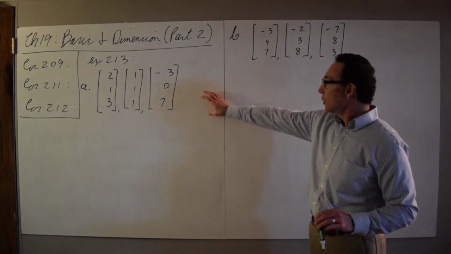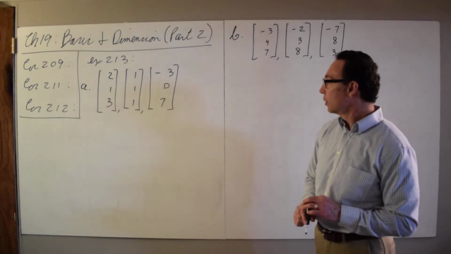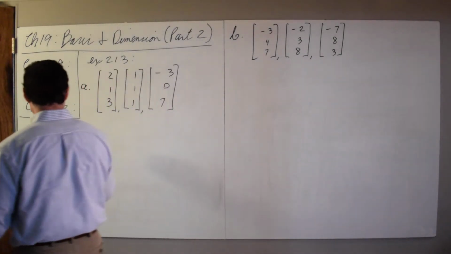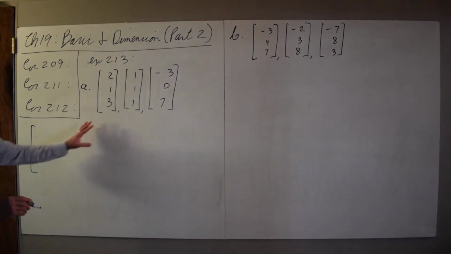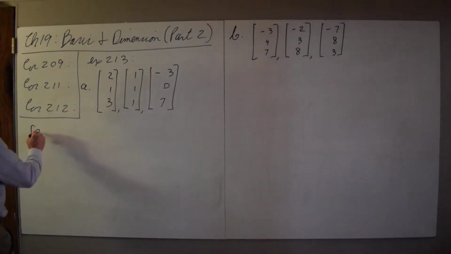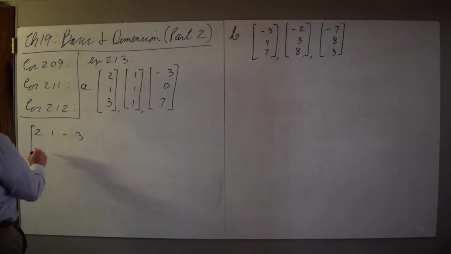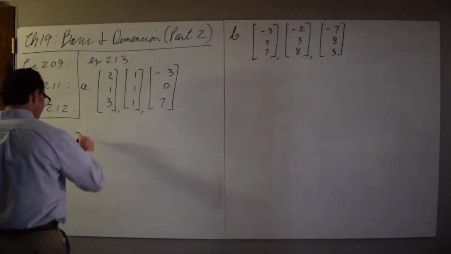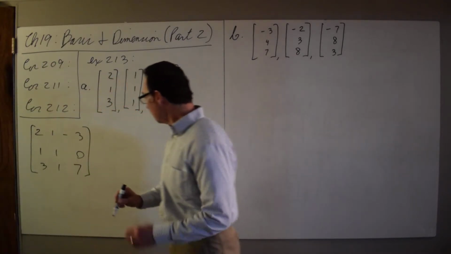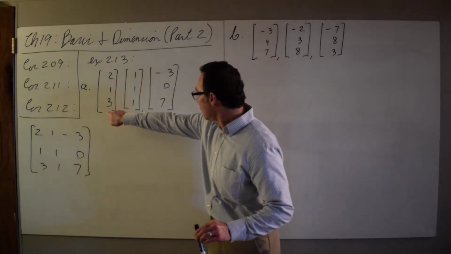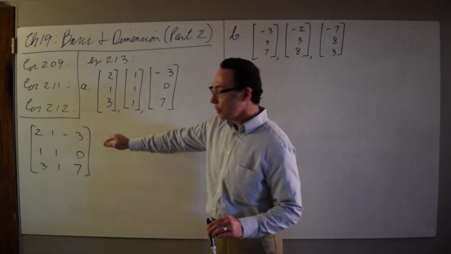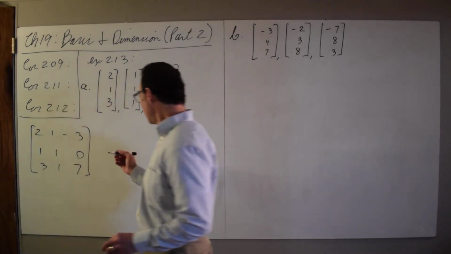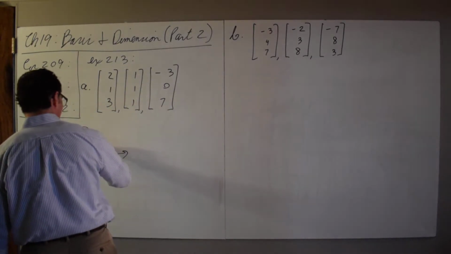That's the technique that we'll use for this example. We'll make the matrix whose columns are the given vectors: 2, 1, -3, 1, 0, 3, 1, 7. We make a matrix by taking these vectors as our columns, and we put this matrix in reduced row echelon form.